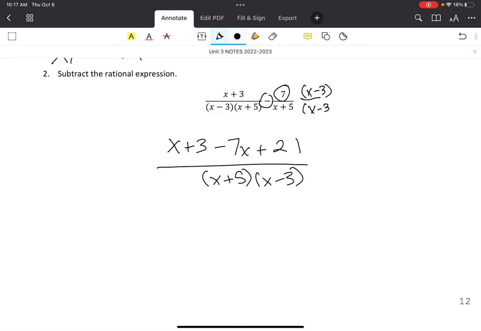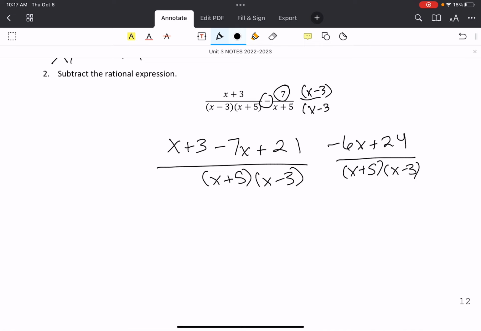I'll look in the notes and see if there's one that makes you factor the top. Okay. What does this look like with all terms combined? Negative 6x plus 21. Should we do something to the top? Find the GCF.